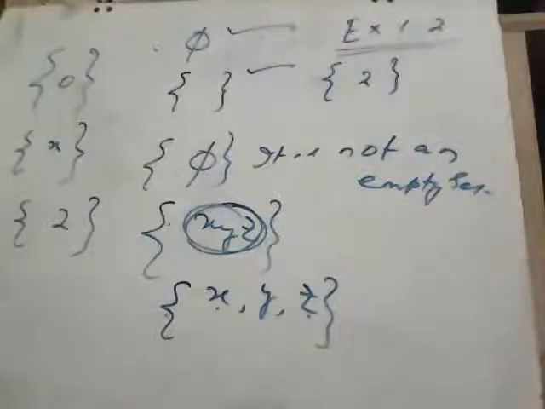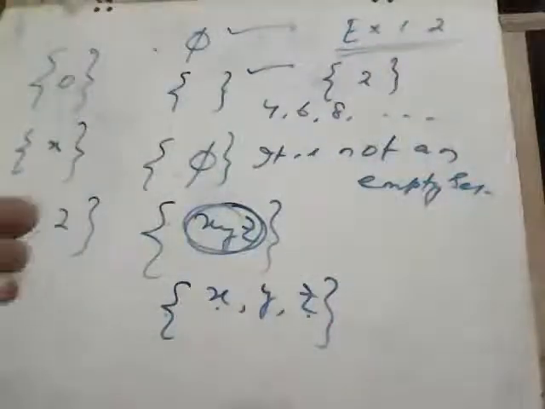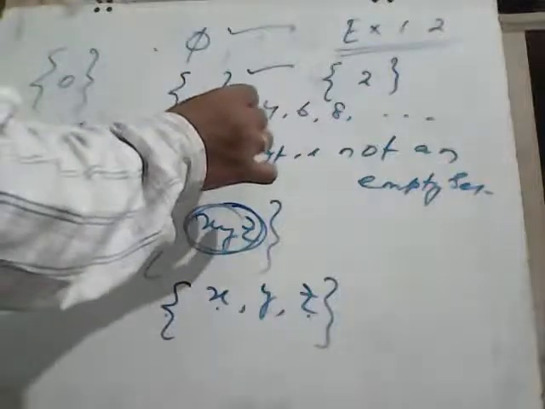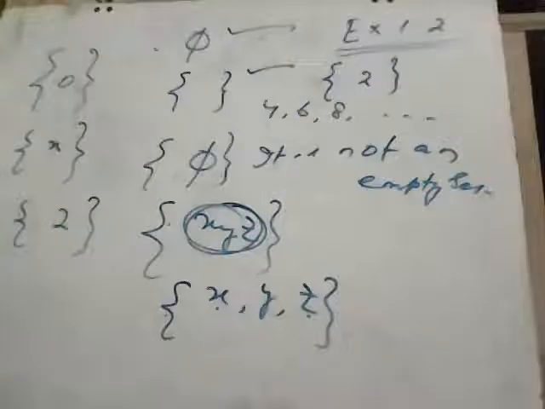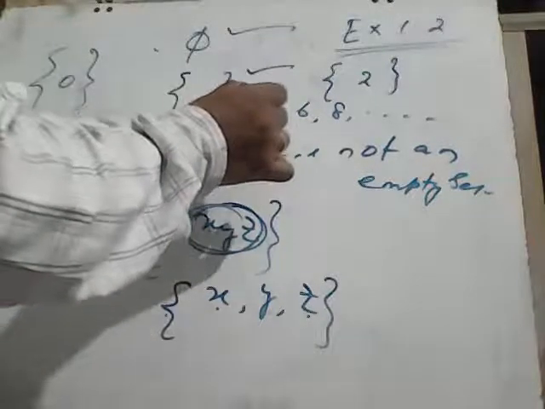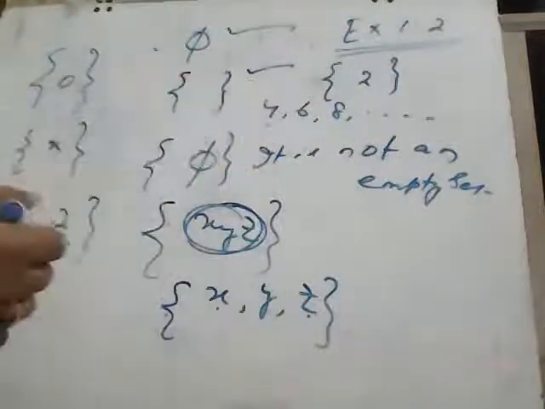If we consider all other even numbers, I mean 4, 6, 8 and so on up to infinity, these are even numbers but not prime numbers. All are composite numbers. They have more than two factors. So these are even numbers but not prime numbers.